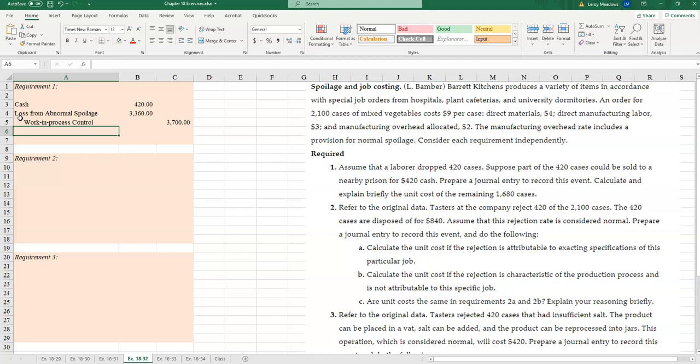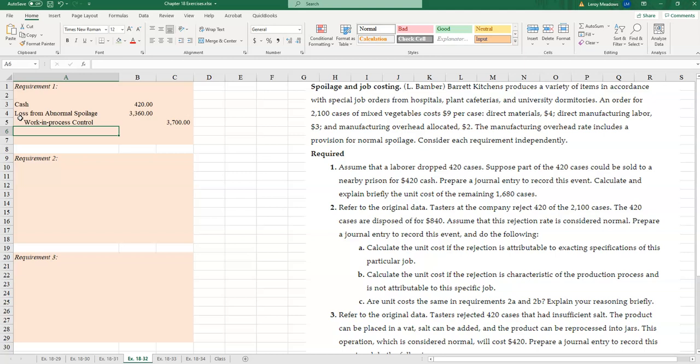Now, because this is abnormal spoilage, this is not going to affect the cost per case because we are not rolling the cost of normal spoilage into the cost of good units completed. Had this been normal spoilage, then we would have rolled that cost over to good units transferred out and sold, what have you, and that would have increased the cost per case to incorporate normal spoilage.